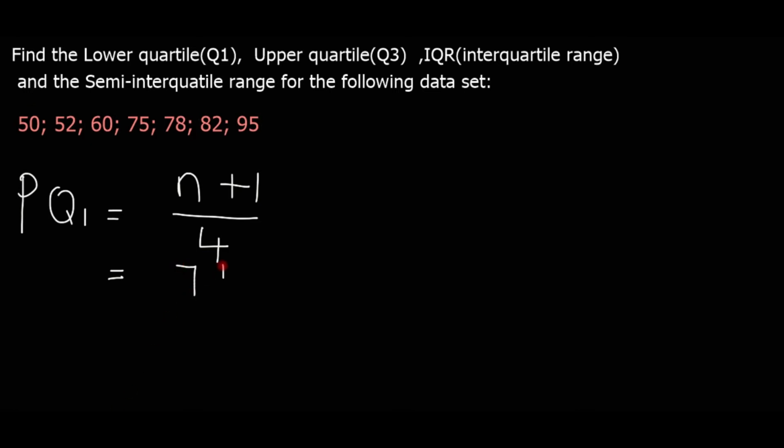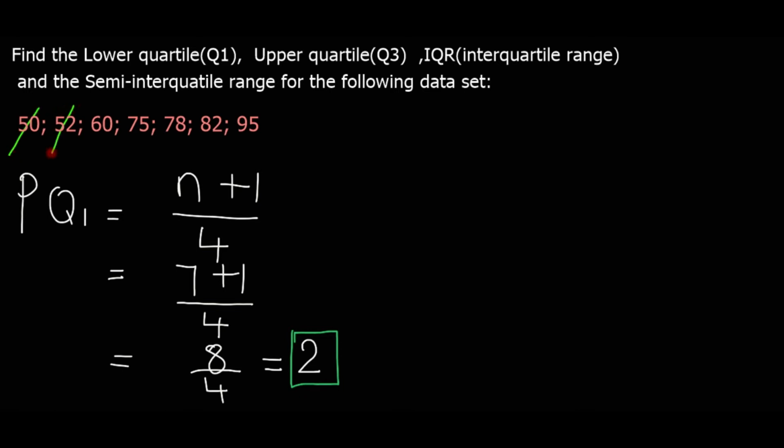So we have 7 plus 1, and then divide by 4. 7 plus 1 is 8, and 8 divided by 4 is 2. So Q1 is in position 2. This is position 1 and position 2. Therefore our answer for Q1 is 52.